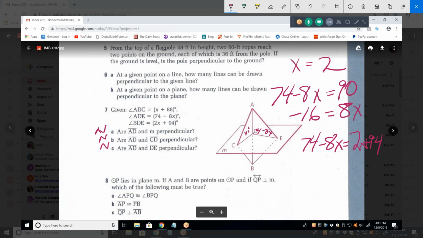And even that gives us a negative x value, which again is not necessarily a bad thing. In fact, if x were negative 2, then that would be 90 degrees. If x were negative 2, that would be 90 degrees. And if x were negative 2, that would be 86 degrees. So you'd have 2 of those 3 that were perpendicular.